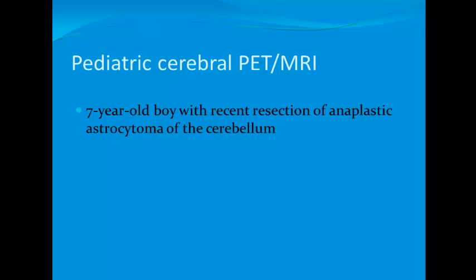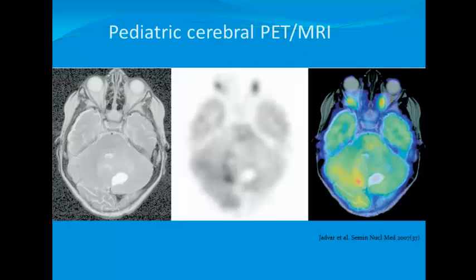As we've already seen, as in adult oncology, brain imaging would be a major area of focus in pediatric PET-MRI. Here we have a case of a 7-year-old boy with recent resection of an anaplastic astrocytoma of the cerebellum.